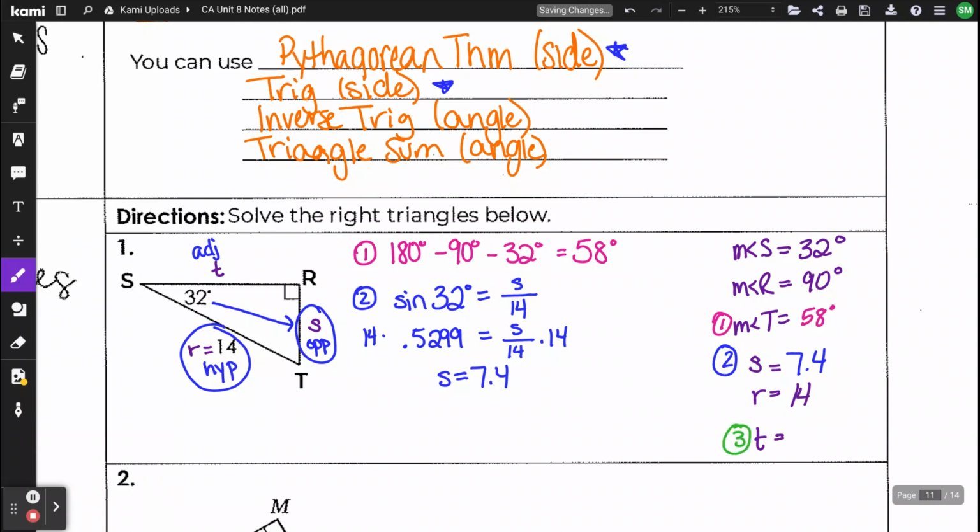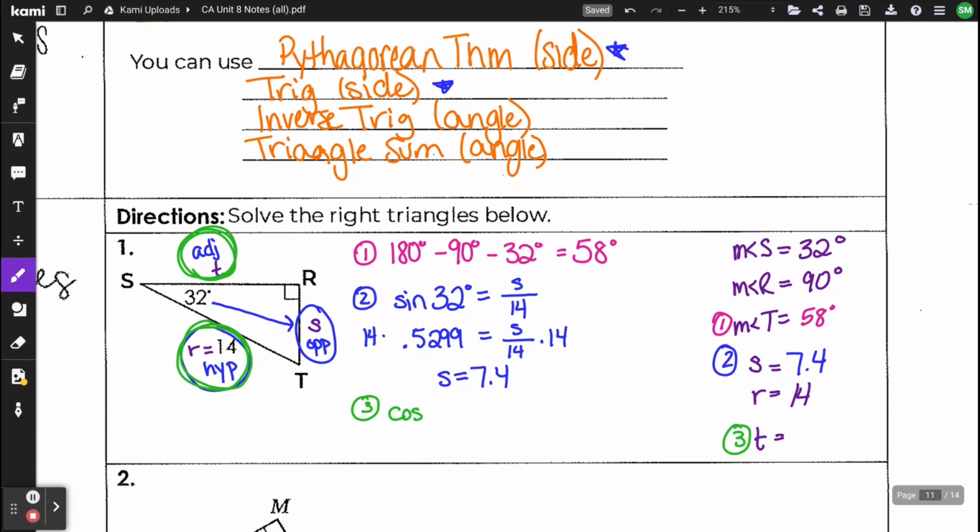Last, we need to solve for T. Now we have S filled in and R. You could use either Pythagorean theorem, or you can continue to use trig. I'll do an example here where I'm going to continue to use trig. So now we're looking for the adjacent side. I'm still going to use that hypotenuse because that's what they gave me to start the problem.